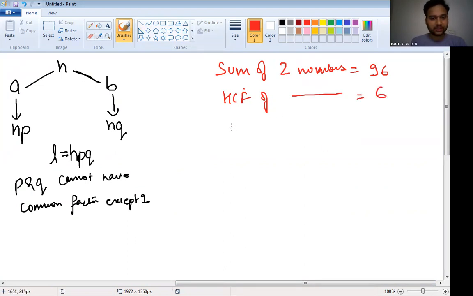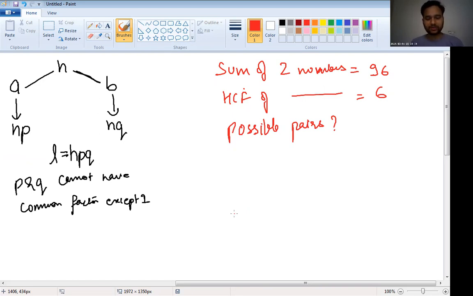So we have to find the possible pairs. Right. So I have written this question in short, that the sum of two numbers is 96 and HCF of those two numbers is 6. So we have to find the possible pairs.